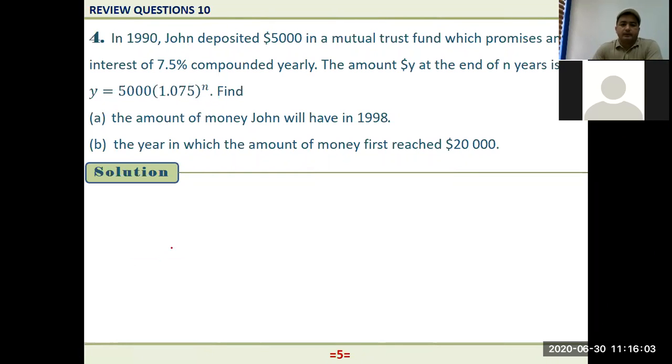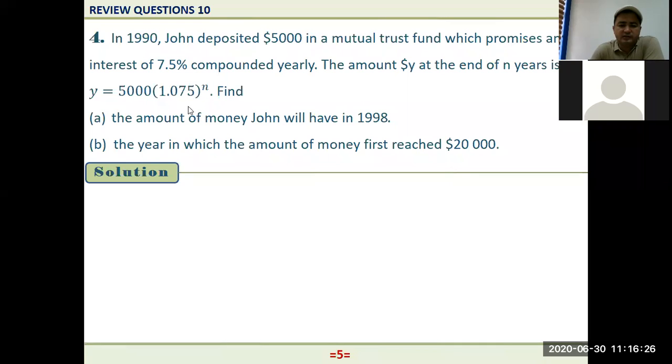In 1990, John deposited $5,000 in a mutual trust fund, which promises an interest of 7.5% compounded yearly. The amount after n years is given by the compound interest formula. Again, you're familiar with this, right?